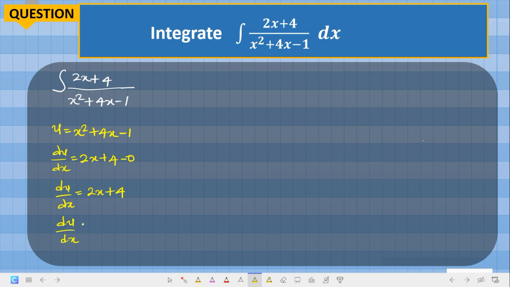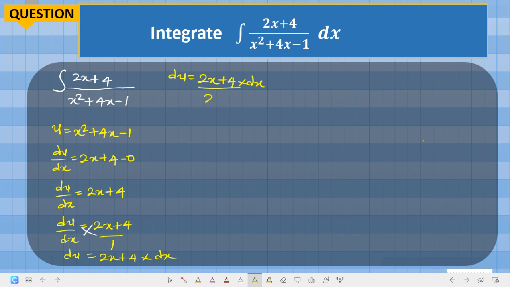Now at this point in time, we can make dx the subject of the formula. So we have du over dx is 2x plus 4 all over 1. We can cross multiply, it will give us du is equal to 2x plus 4 times dx.